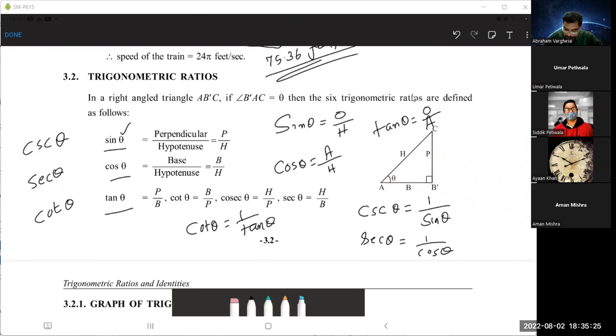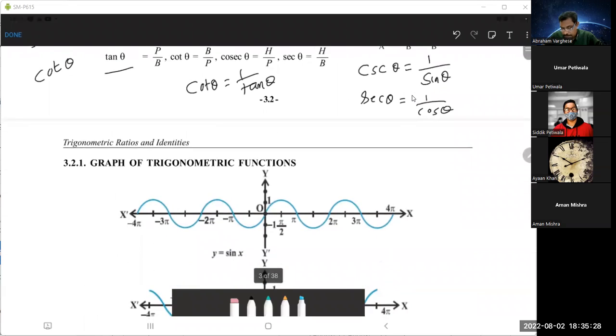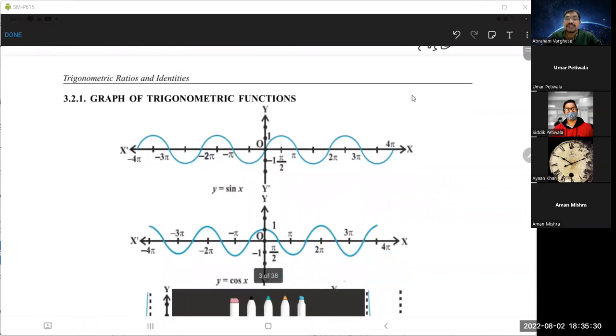Okay, fine. Now, an important one is the graph of trigonometric functions. In the 10th standard, we didn't give much importance to the graph, but here we need the graph of the trigonometric functions, how they behave. So we can see the graph of sin x is this. Sine's different values we already studied in 10th standard.